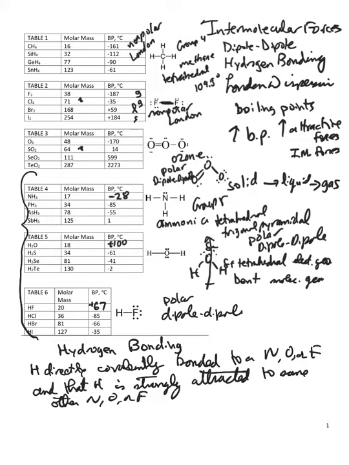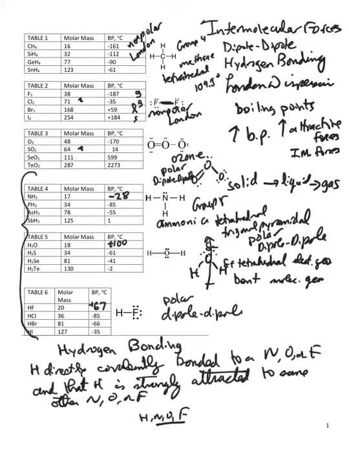Well, why does this occur? Let's think about hydrogen, nitrogen, oxygen, and fluorine. They're at the top of the periodic table. Hydrogen is as small as they come. And we've got nitrogen, oxygen, and fluorine. They're in the upper right-hand corner. All of them have very small atomic radii. And nitrogen, oxygen, and fluorine have the highest electronegativities of any of the atoms on the periodic table.